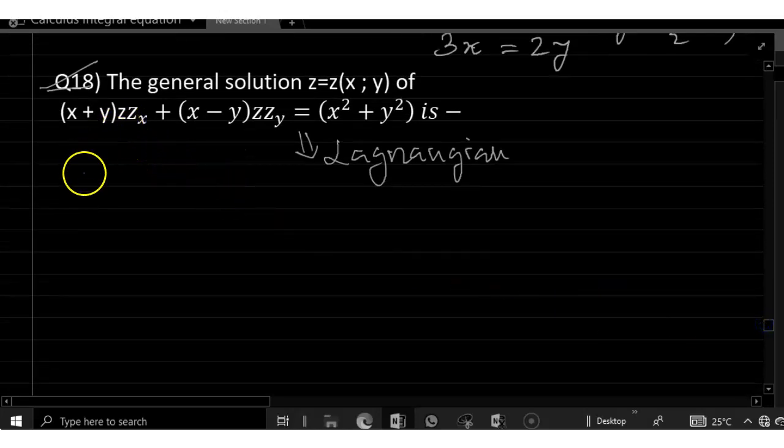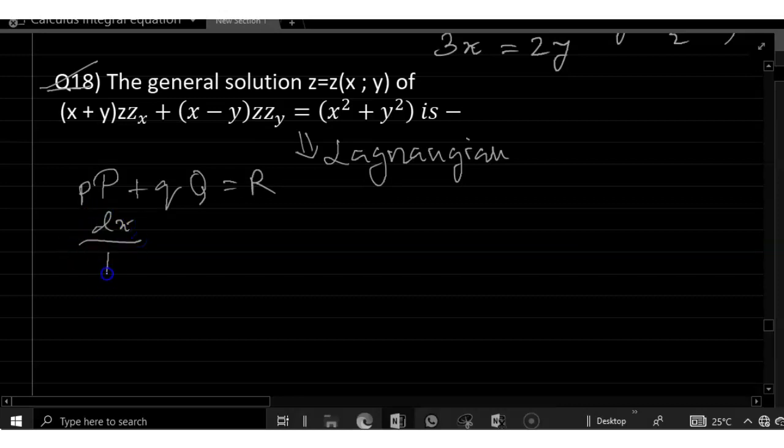Now we'll solve this problem. Consider Pp plus Qq equals R. So my condition is dx divided by P is equal to dy divided by capital Q and dz divided by capital R. This is my Lagrange's equation. So I apply this formula.